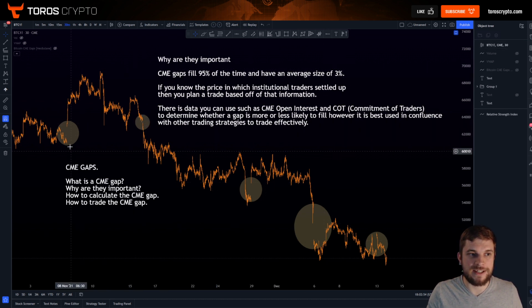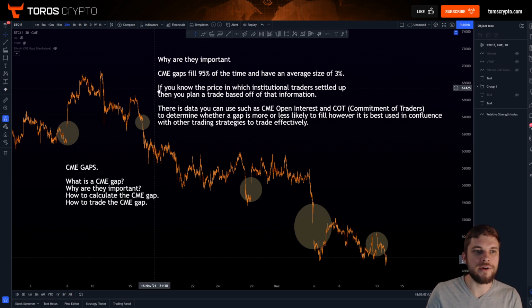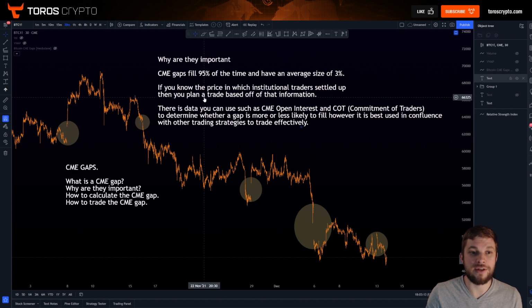So you're looking at this as being incredibly reliable over the course of a number of years now, with these gaps almost always being filled and actually getting a pretty decent size of move from them as well. So basically, if you know the price at which institutional traders have settled up, then you can plan a trade based off of that information.